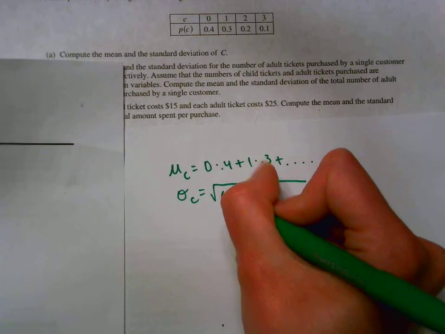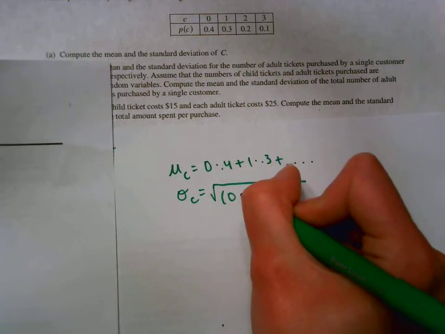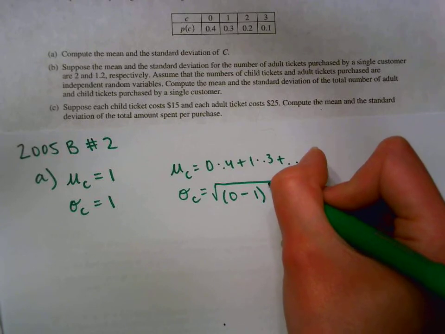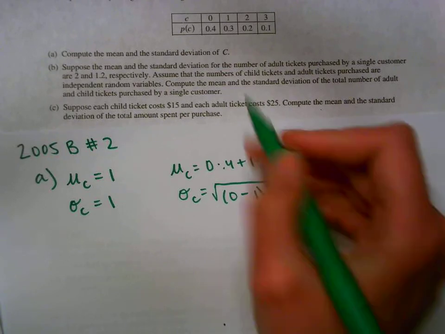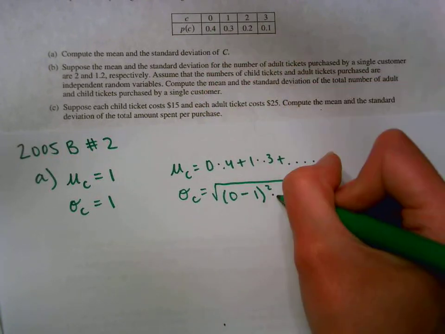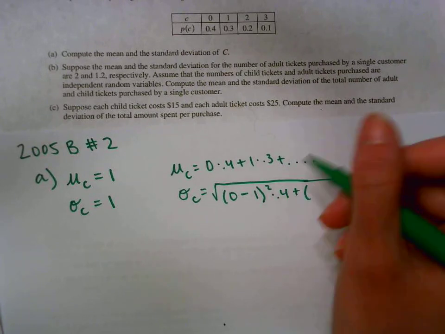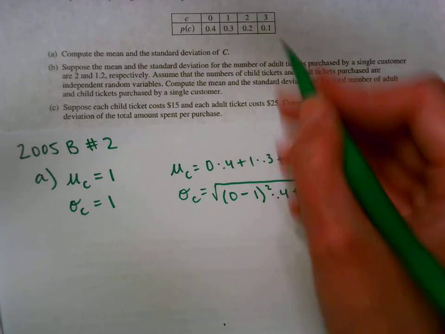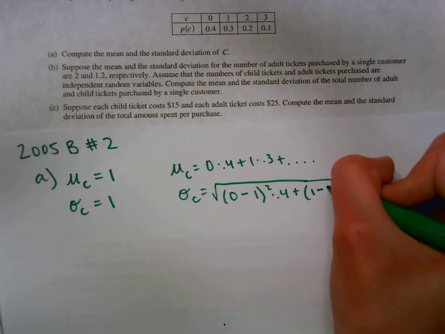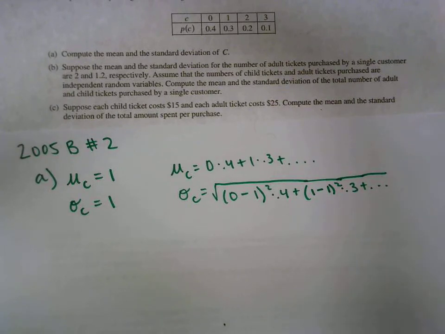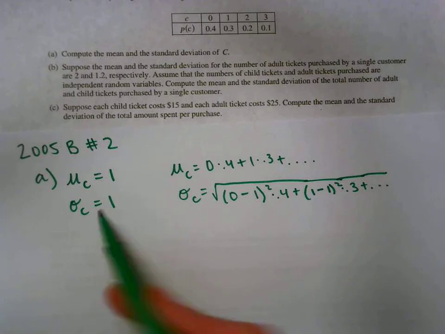You would take the first observation, which is 0, subtract your mean, which is 1, squared, times the probability for that observation, which is 0.4, plus, and you could do one more, the next observation was 1, minus the mean, which is 1, squared, times its probability, which is 0.3, and then you could just put dot dot dot, and those two things should equal 1.